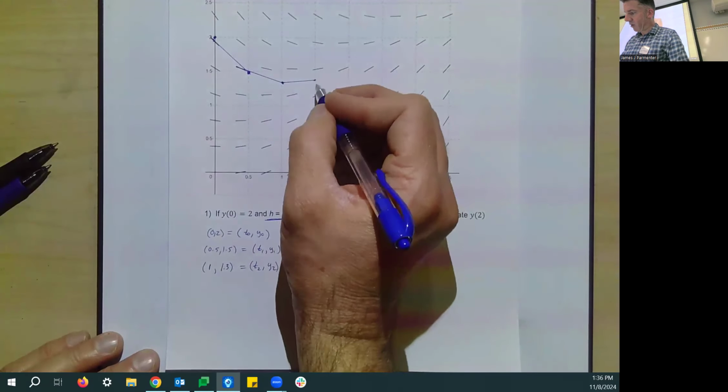About that. So it looks like my next point was maybe (1.5, 1.35), my t3, y3. And it looks like finally my last point is going to be (2, about 1.5).